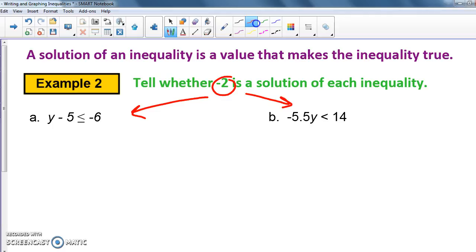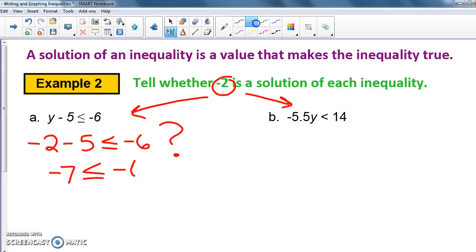We have y minus 5 is less than or equal to negative 6. So what I'm going to do, I'm going to take that negative 2 and put it in for y. Negative 2 minus 5 is less than or equal to negative 6. So really this is a question mark. Is this true? Well, let's see. Negative 2 minus 5 is negative 7. Negative 7 is less than or equal to negative 6.